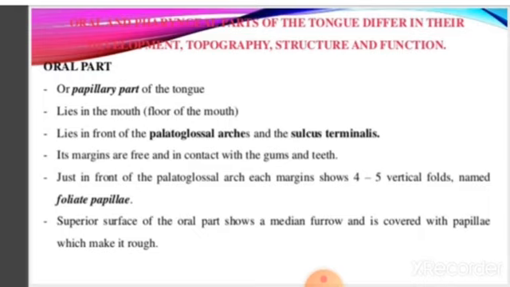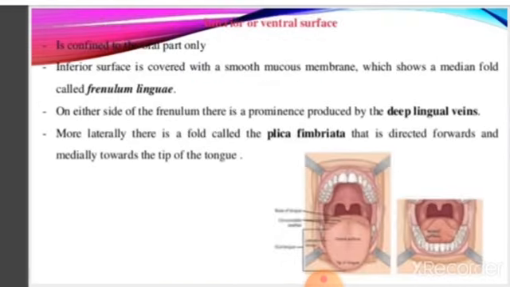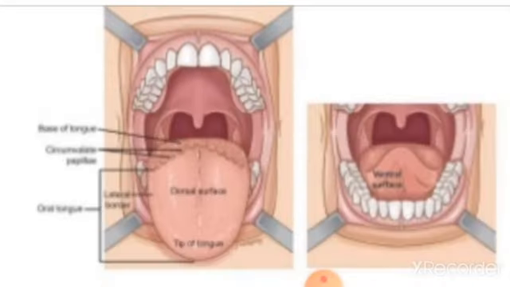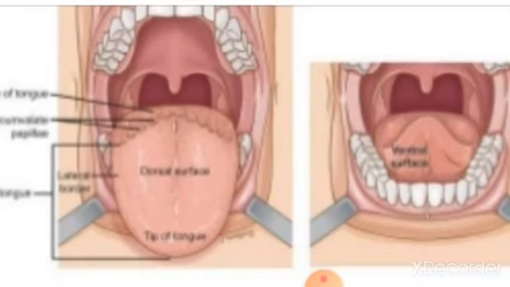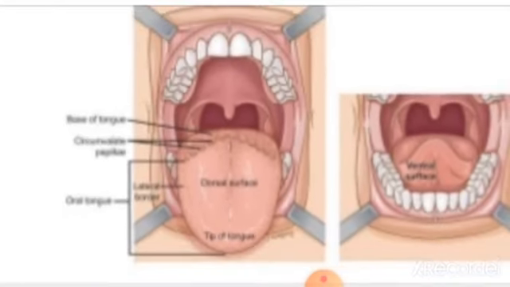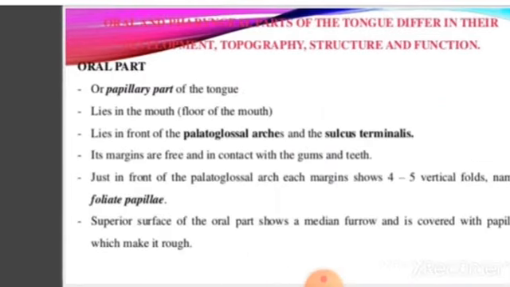Just in front of the palatoglossal arch, the margin shows 4 to 5 vertical folds named foliate papillae. The superior surface of this oral part shows a median furrow and is covered with papillae, which make it rough. As we have seen, the central part is the median furrow.